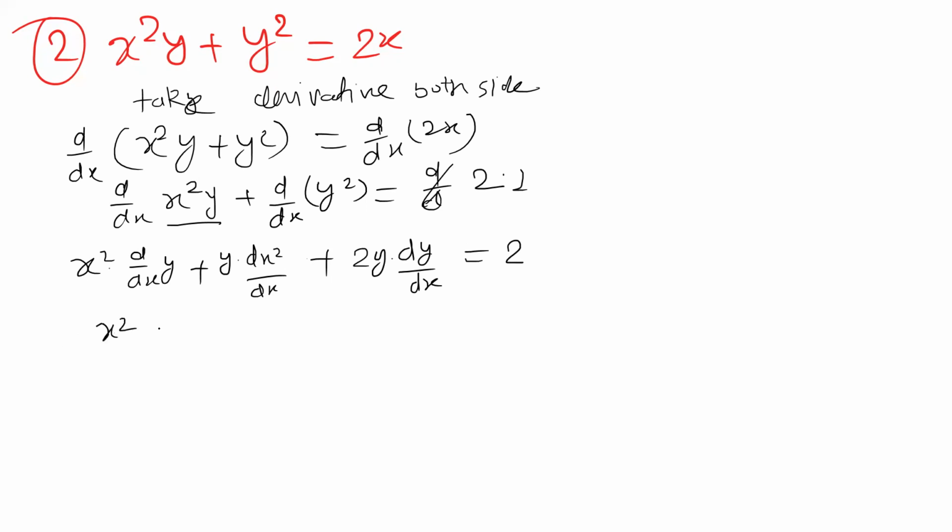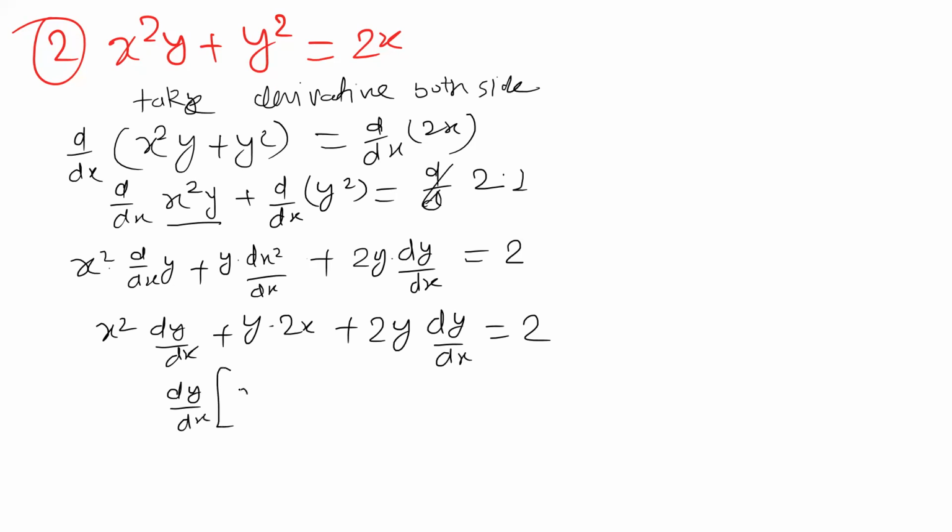So here x square we are solving, y into 2x plus 2y dy by dx is equal to 2. So here we want to collect the term dy by dx: (x square plus 2y) dy by dx equal to 2 minus 2xy, right?